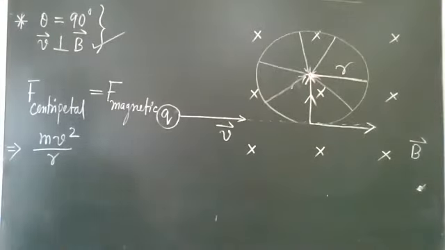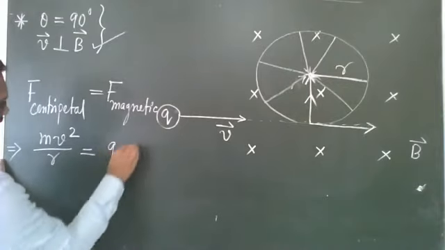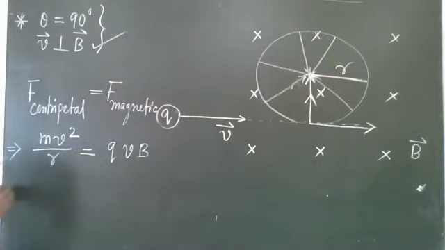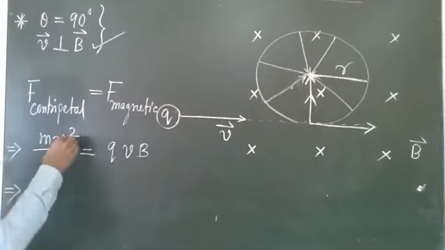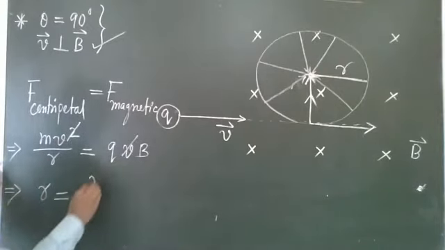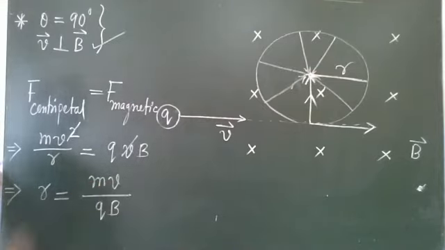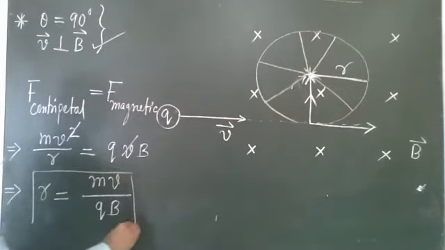We want to find this radius. For the magnetic force, here V and B are perpendicular, so we get the formula qvB only. So one v is cancelled out, and r will be mv by qB.